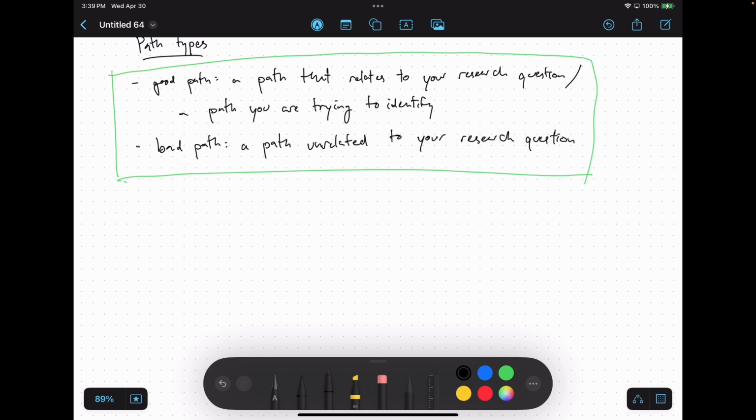And let's now talk about more specific path types. So there's something known as a front door path. This is a path where all arrows point away from treatment.